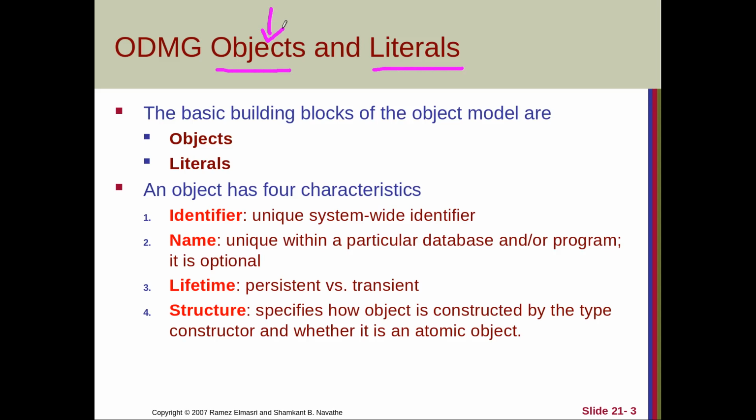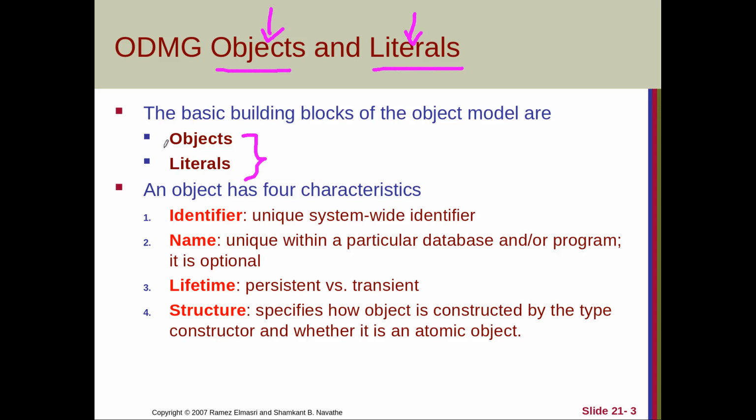Objects are the main elements of an object-oriented database, and literals are the values associated with the different portions of an object. These two, objects and literals, can be considered the basic building blocks of the object model in ODMG.